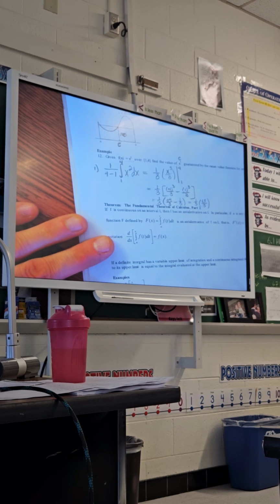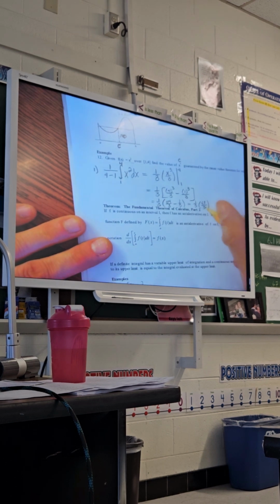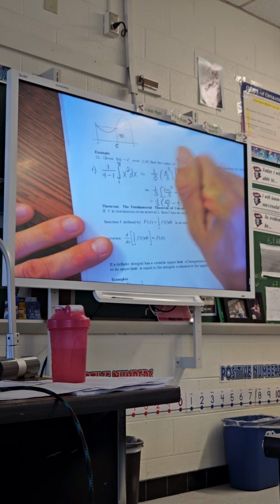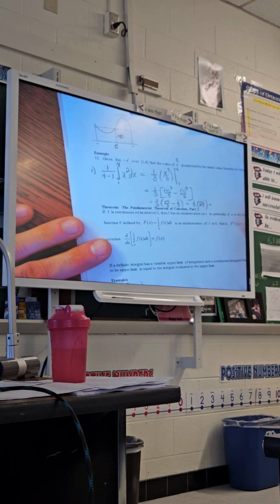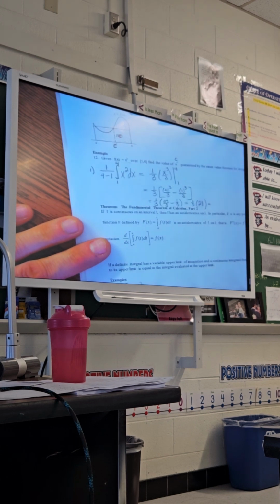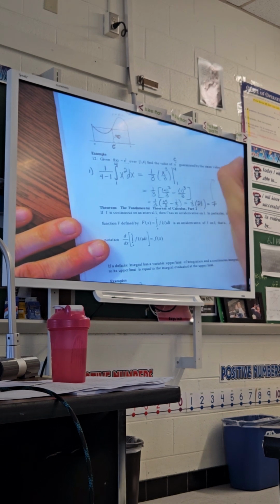So this is 21 over 3. 1/3 of 21 is 7. So we have figured out that f of c equals 7.